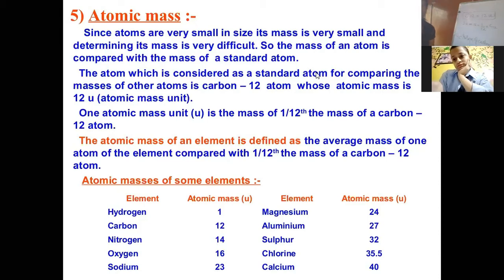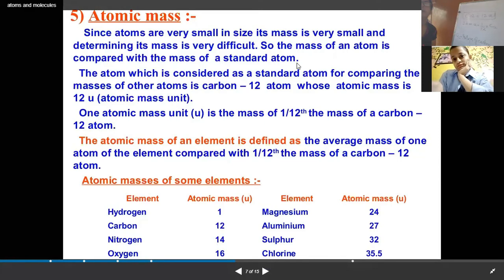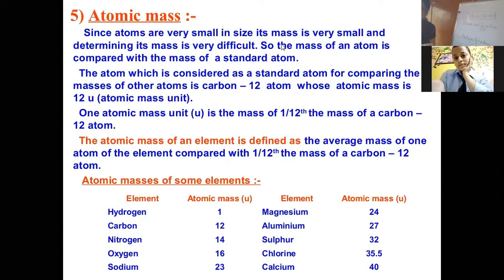You can define it as the average mass of an atom of an element as compared to 1 by 12th of the mass of carbon, or in simple words, the number of times an atom is heavier than 1 by 12th of the mass of C12.